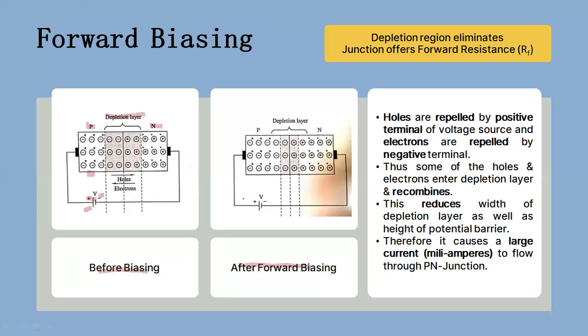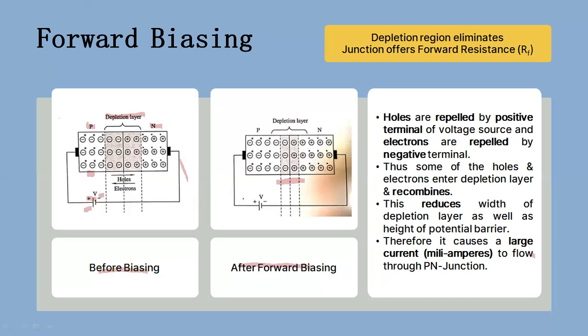Because of this, in the second diagram you can see that the width of the depletion layer is decreased, right? You can see that the width of the depletion layer is decreased over here, or we can say it's reduced, and also the potential barrier between your junction gets reduced.